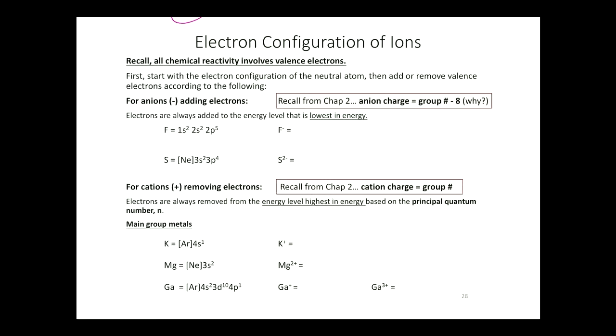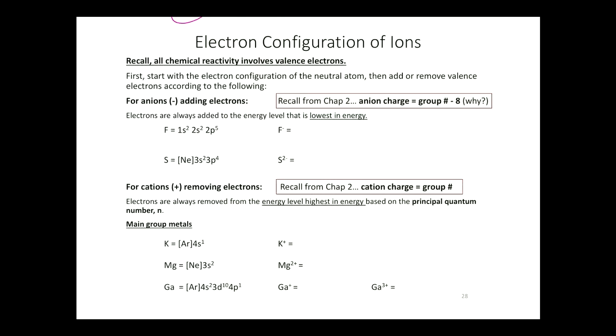We make cations by removing electrons. That's related to ionization energy. We always remove the electrons that are easiest to remove first. Also, in that same vein, with electron affinity, we're adding electrons. We want to put electrons in the space that gives us the most energy back. Typically, it's the valence shell. And so with those ideas, we can add or remove electrons to make the specific ions that we want.